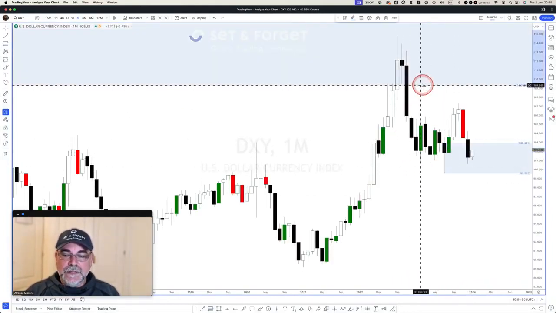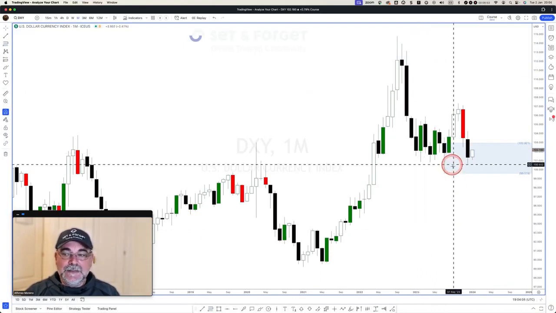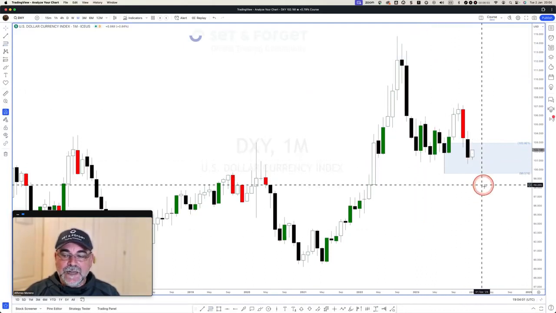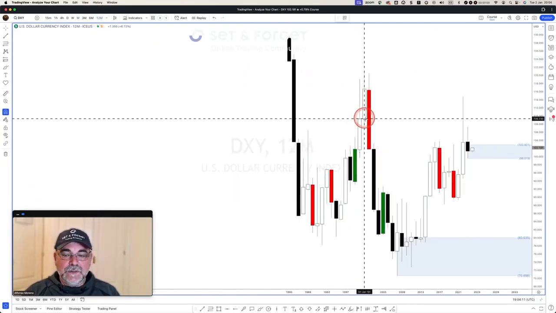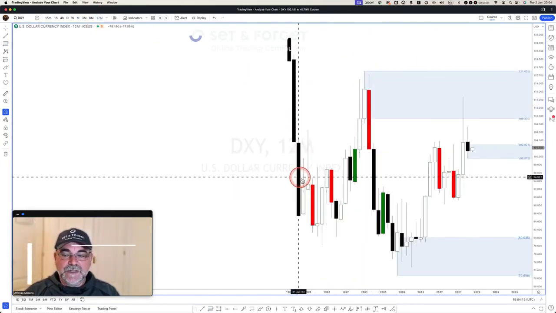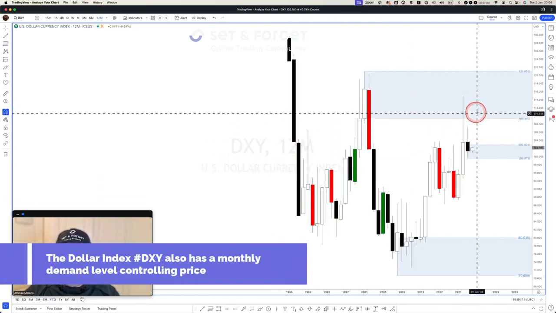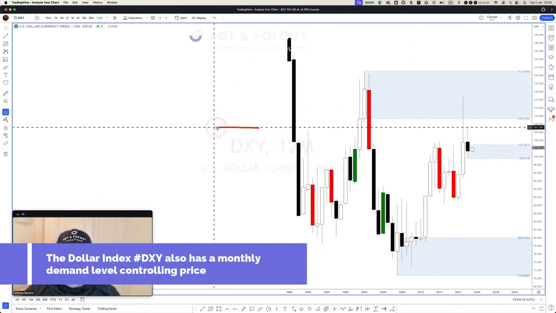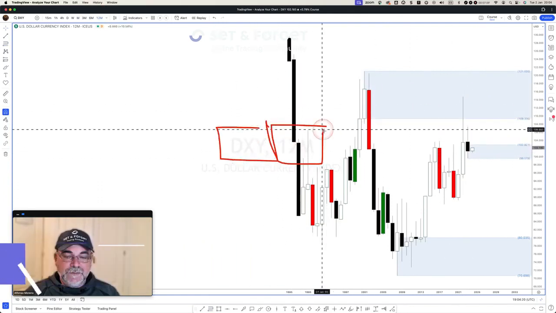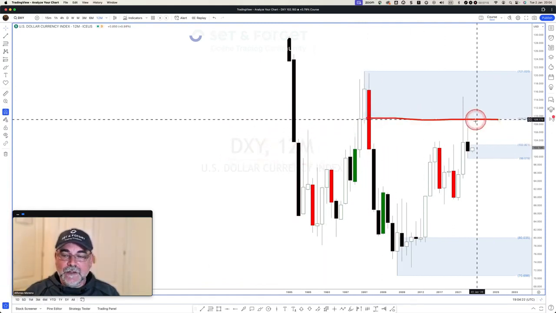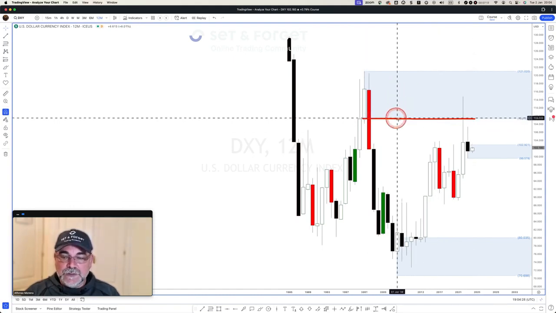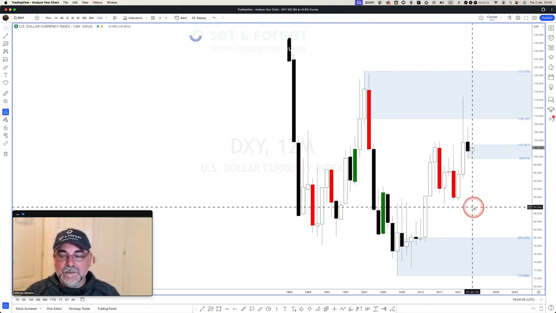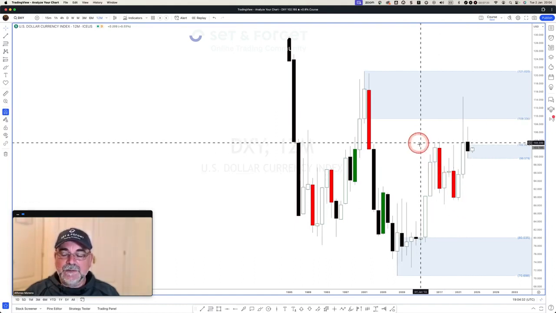So on the dollar index, we've got a demand level over here that has taken control. And the same happened on the 12 months, as I explained in another video. So the dollar index, the DXY, on the 12 months time frame hit that area of supply. This is not resistance, an area of resistance. This is not an area of support, obviously, because resistance is above price and support is below current price.